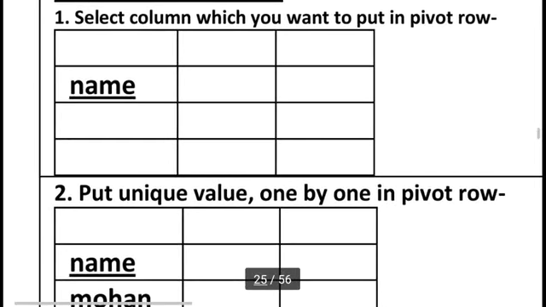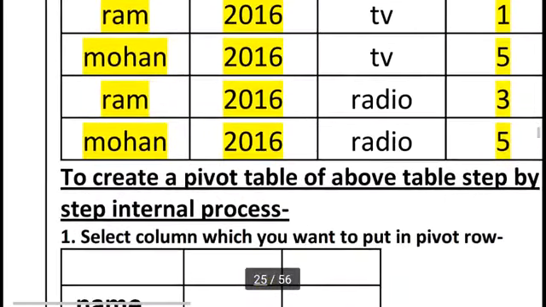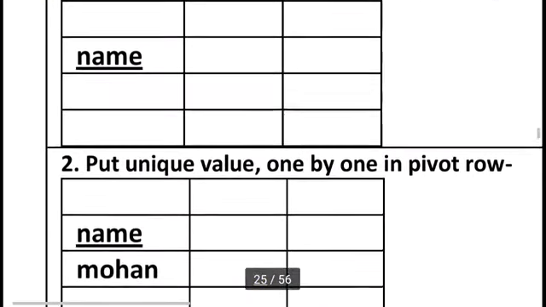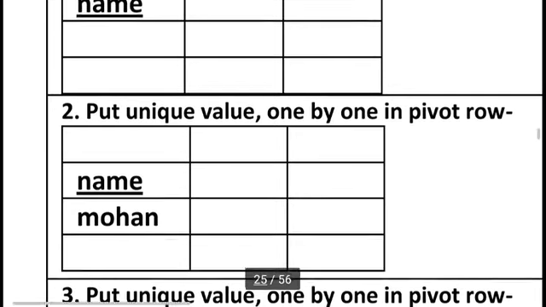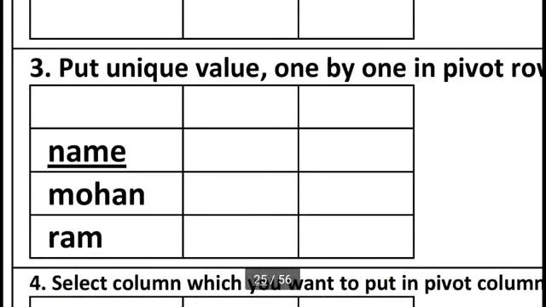You can see we have only two names, Mohan and Ram. So in ascending order we put the name Mohan and then the name Ram. So first we decide which column to put in the pivot row. Here I am using name, and all the names, Mohan and Ram, I have put in the pivot row.